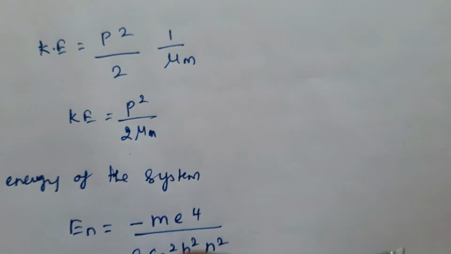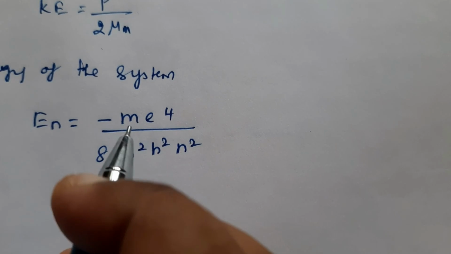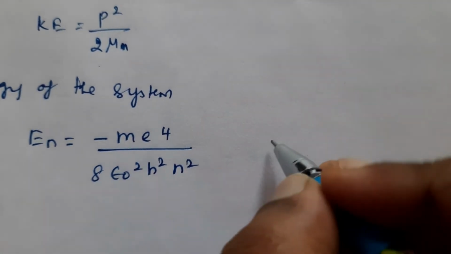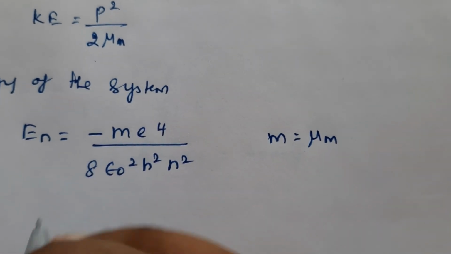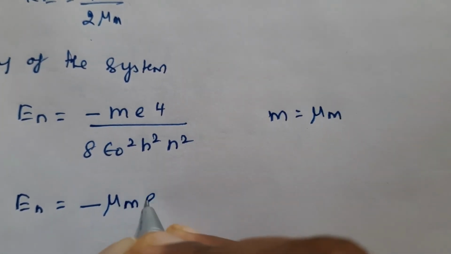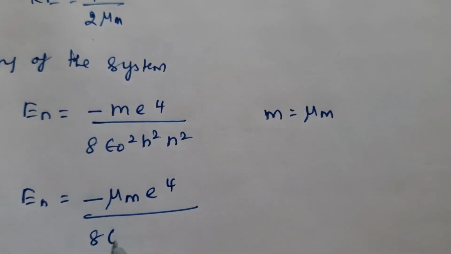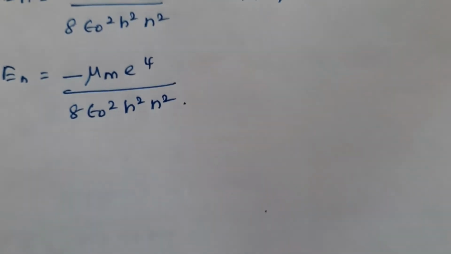We have derived this earlier, so we can write it from that derivation. But here for this system, m should be replaced by mu m. So we can write En is equal to minus mu m e raised to 4 by 8 epsilon 0 square h square n square.